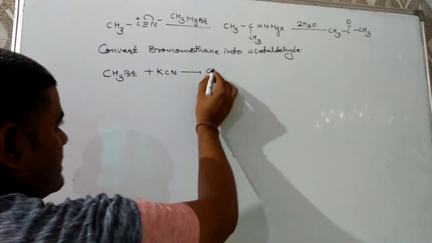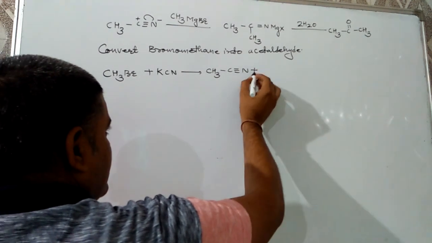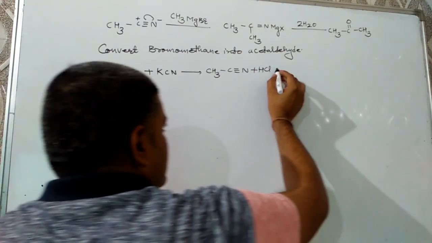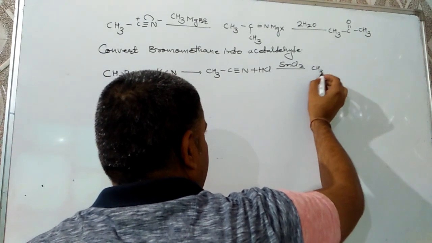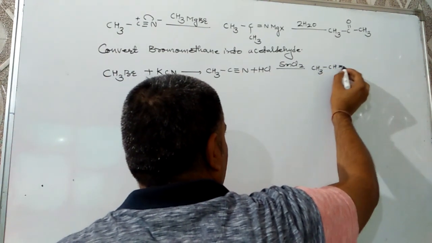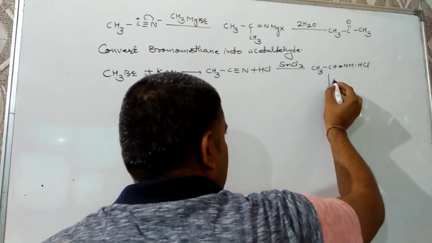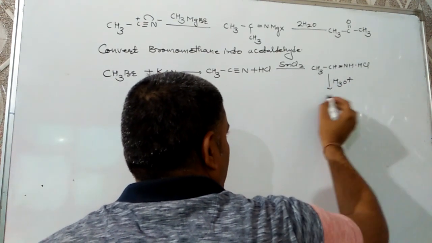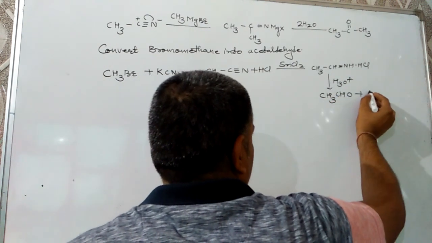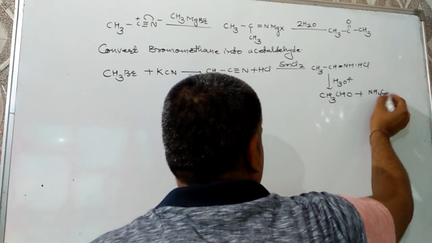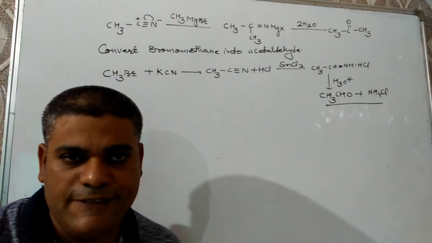The product formed will be CH3CN, and then CH3CN reacts with HCl in presence of SnCl2 to give an addition compound CH3CH=NH·HCl, and that on hydrolysis will give acetaldehyde as a product plus ammonium chloride. And this reaction is an example of Stephen's reduction.